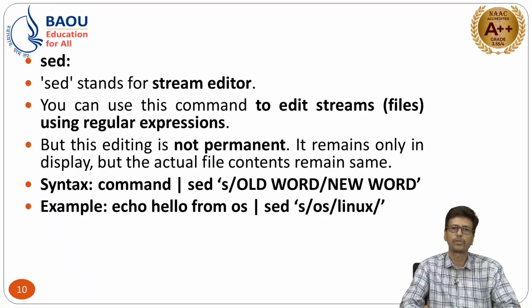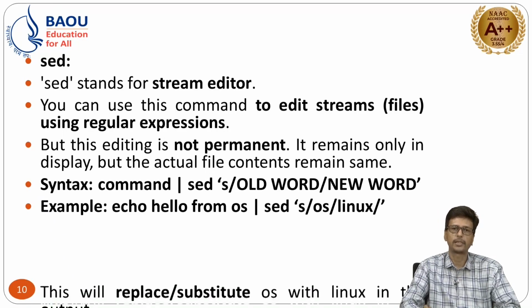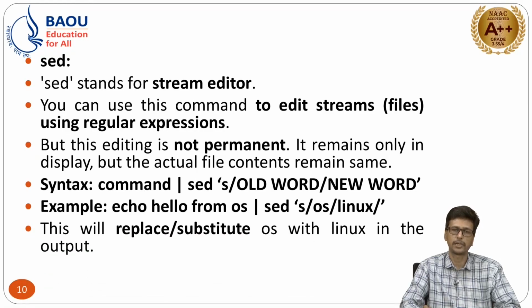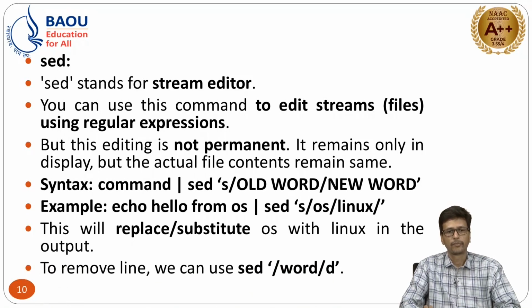So if you want to substitute or change a specific word or string, in that case you use the sed command, that is nothing but the stream editor, right? Now if you want to remove a line, in that case you require the option d. In the previous case we used s, that is for substitute. Now d is used to remove the line which contains a specific word.